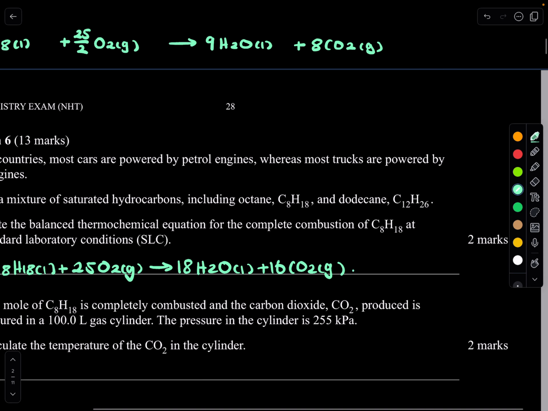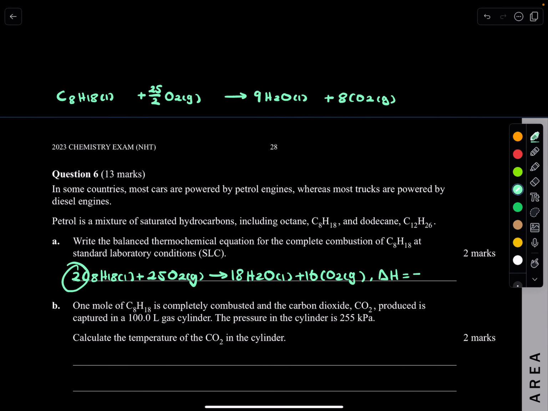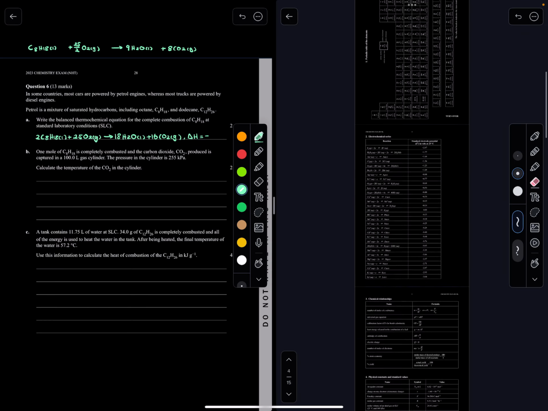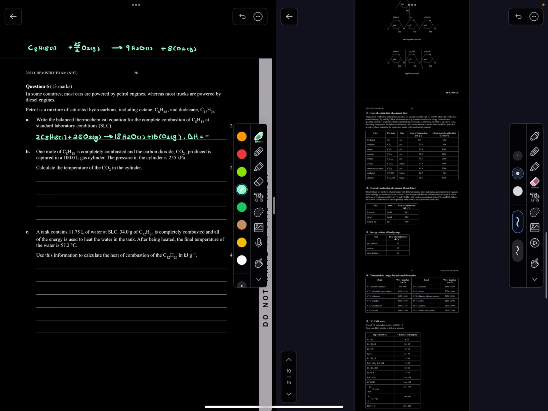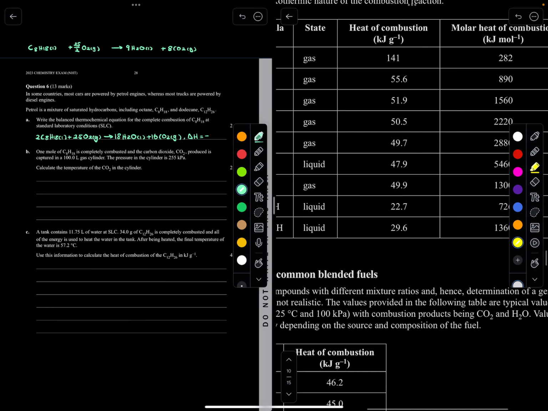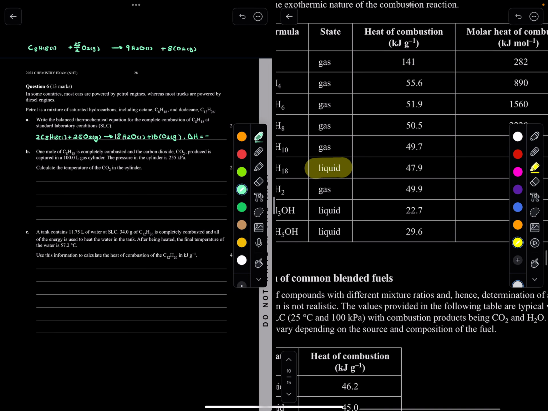And what's our enthalpy change? Remember, it is a thermochemical equation. We know it's going to be negative because it is a combustion reaction. We have 2 moles of octane, so we can use our data book. Here is octane, at liquid state in standard laboratory conditions.